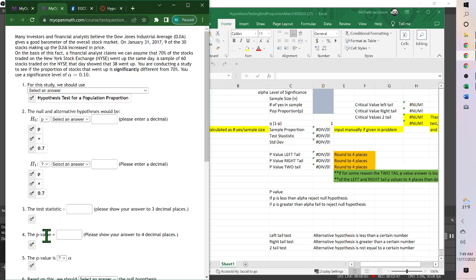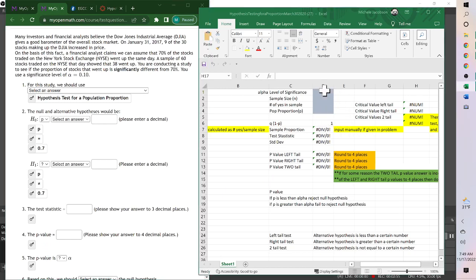To find the test statistic and the p-value, you have to fill in the information. Level of significance is the 0.1, that is your alpha. Sometimes they give it as a percent, and you need to write it as a decimal.